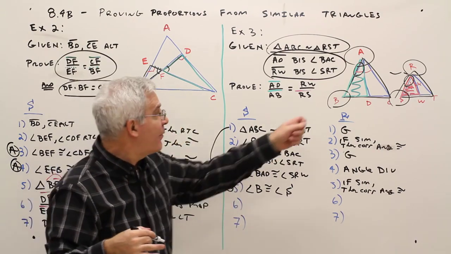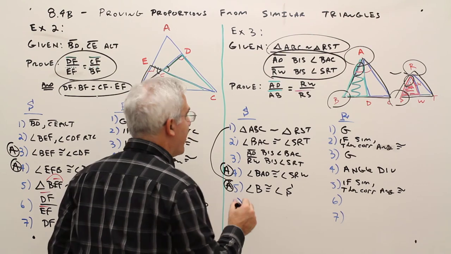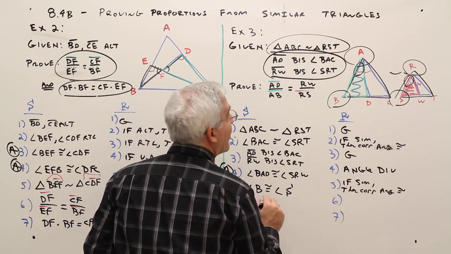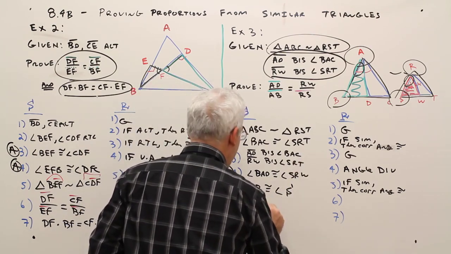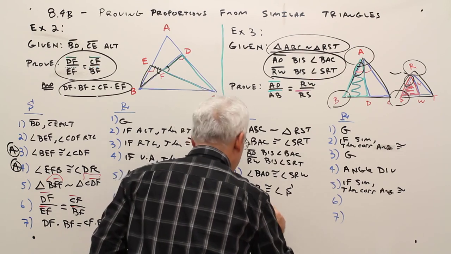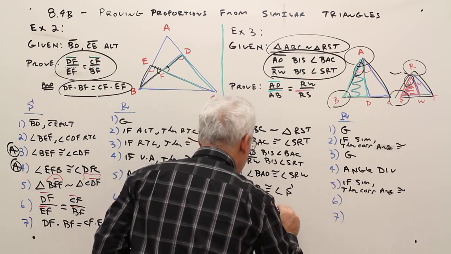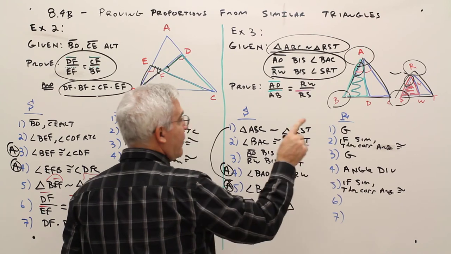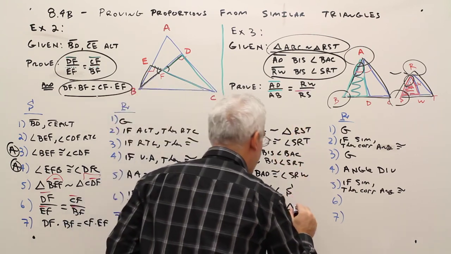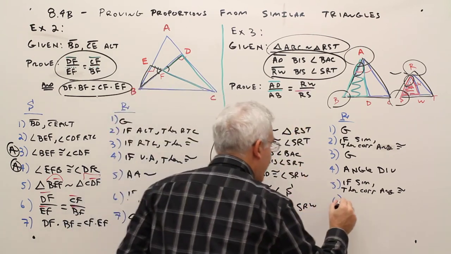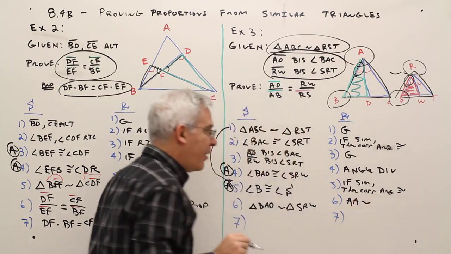Then I'll get those smaller triangles to be similar. Triangle BAD is similar to triangle SRW. That's going to be by angle similarity.